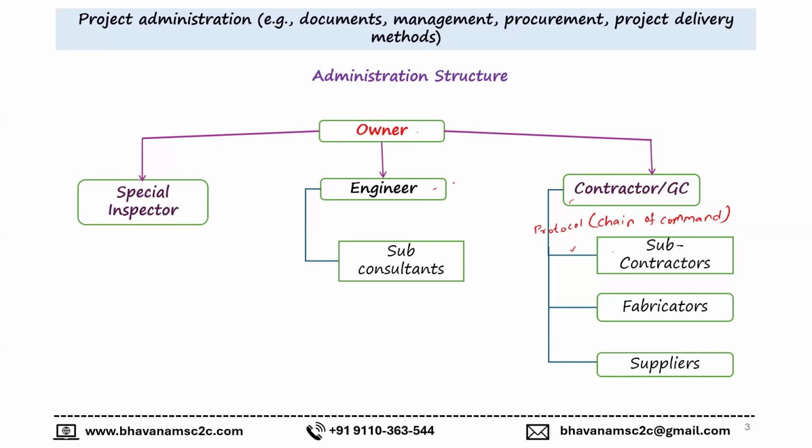Similarly, the engineer doesn't have a right or a responsibility to directly command the contractor. Whatever work is done on site is subject to the contractor's means and methods, called M&M, means and methods.